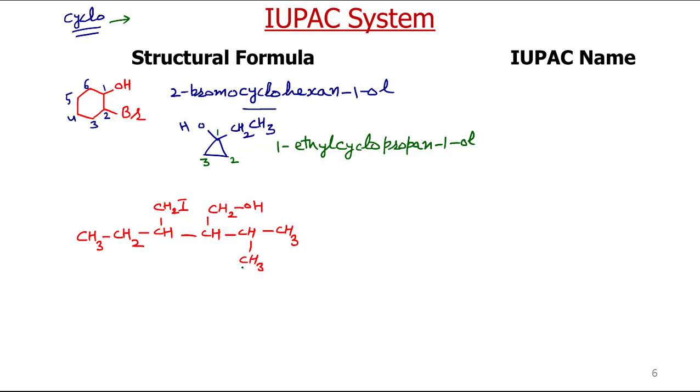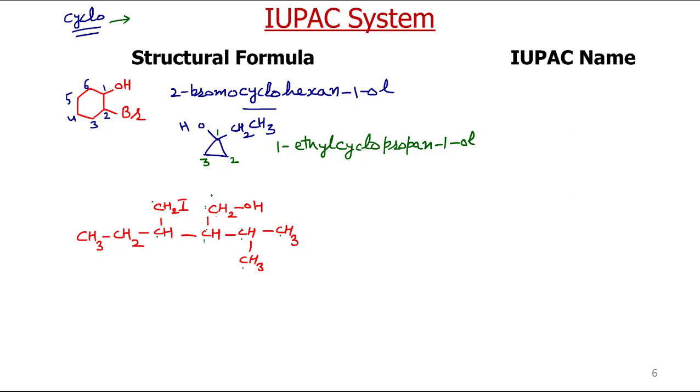Let us start from here, 1 2 3 4. This chain contains 4 carbon atoms. We can start from here, 1 2 3 4. This also contains 4 carbon atoms. Actually this and this are the same. We can start from here, 1 2 3 4. This chain also contains 4 carbons.